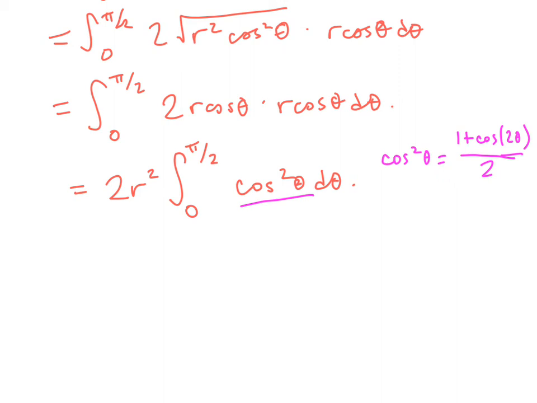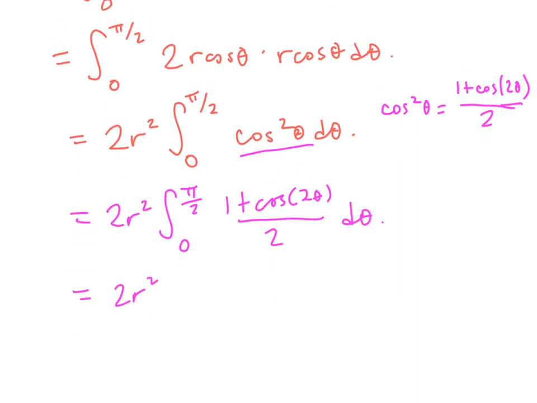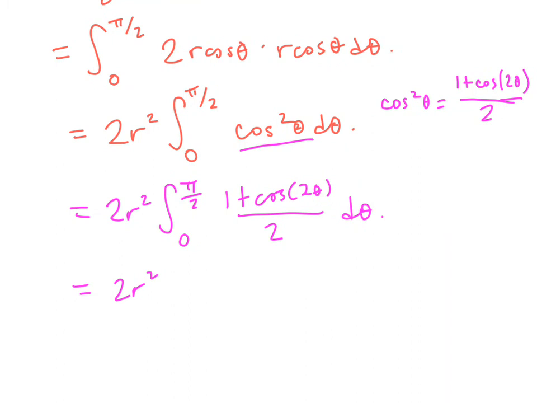So that's going to be 2r squared times the integral from 0 to pi over 2 of 1 plus cosine 2 theta over 2 d theta. And then that's going to be 2r squared. And I think at this point I can just take the antiderivative, because that's 1/2, which means its antiderivative is going to be 1/2 theta plus, and then the antiderivative of cosine 2 theta is going to be sine of 2 theta over 2.